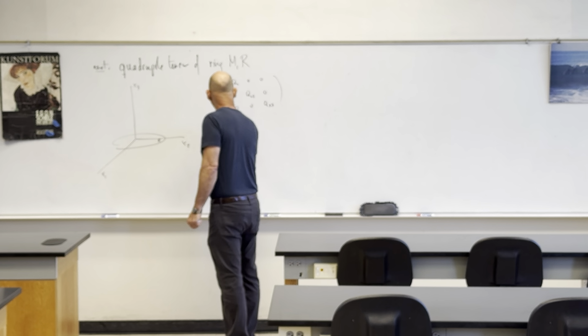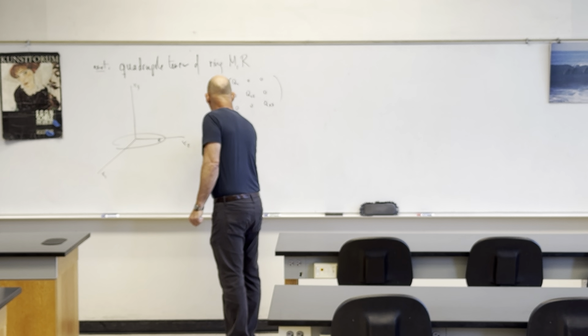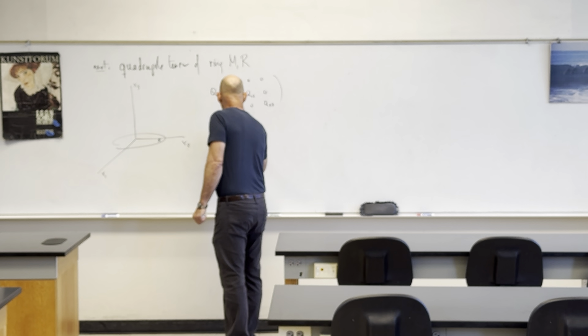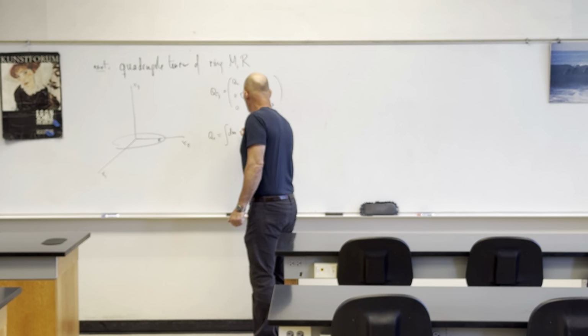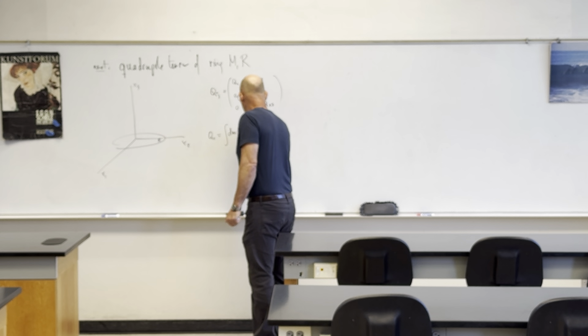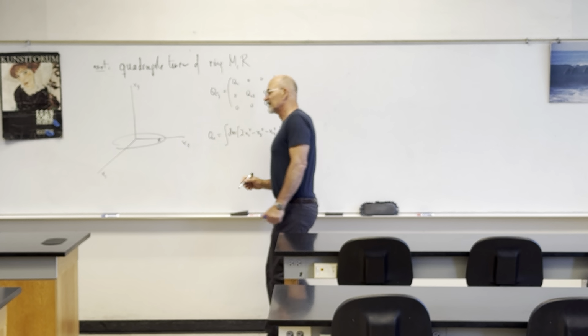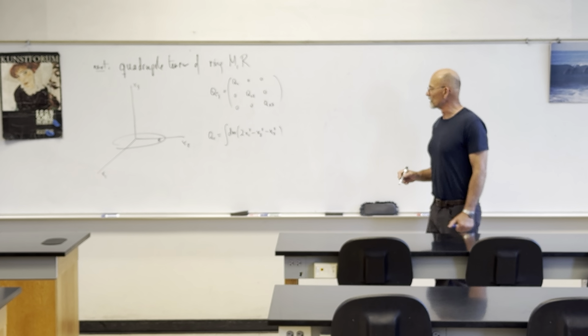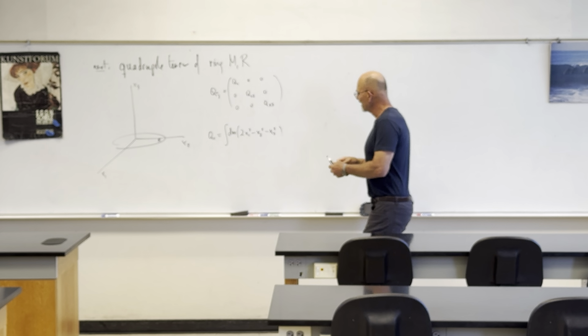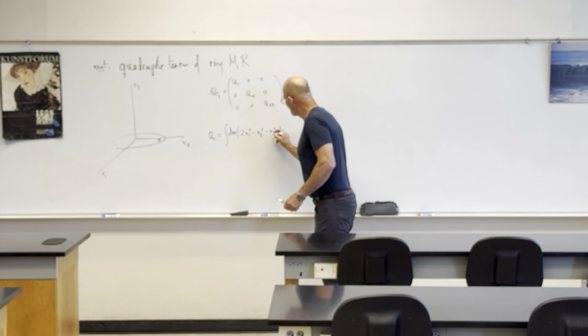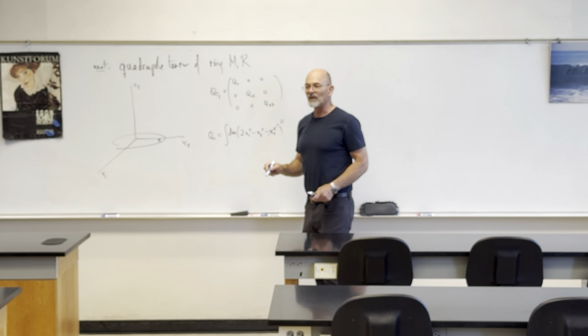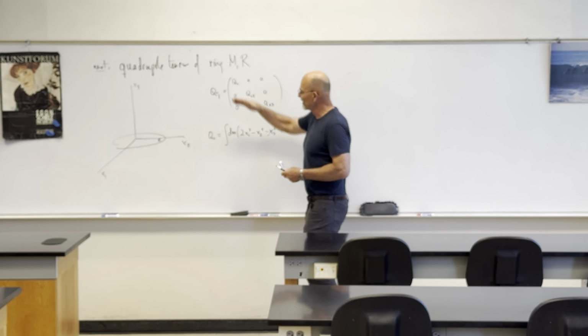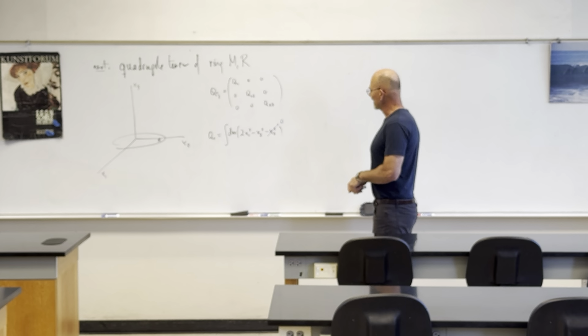So we can do Q11 again. And we start with the dm over 3. In fact, we've done this a couple times. We can say 2x1 squared minus x2 squared minus x3 squared. In this case, the x3 squared is the one that's going to vanish because we have no extent in the x3 direction.